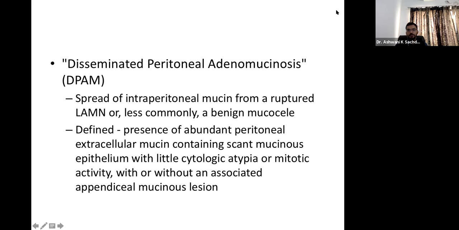Another terminology commonly used with mucinous neoplasm is disseminated peritoneal adenomucinosis, DPAM. It is the spread of intraperitoneal mucin from a ruptured low-grade mucinous neoplasm or from benign mucoceles.